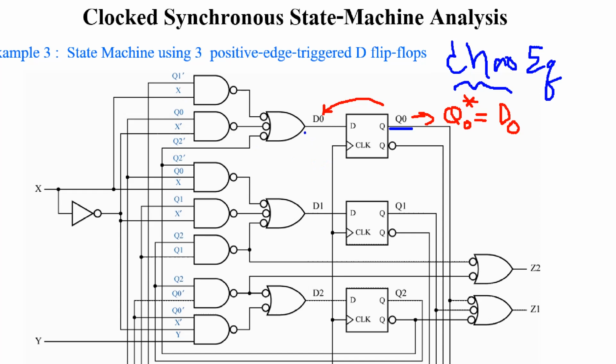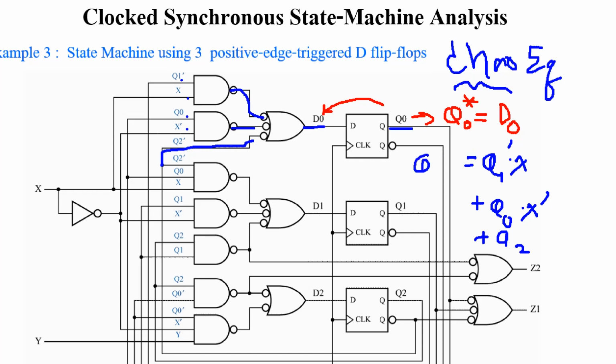So in this case, D0 equals this signal or this signal or this one, namely Q1 prime and x, Q0 and x prime, and Q2, all together. That means Q0 star equals Q1 prime x plus Q0 x prime plus Q2.